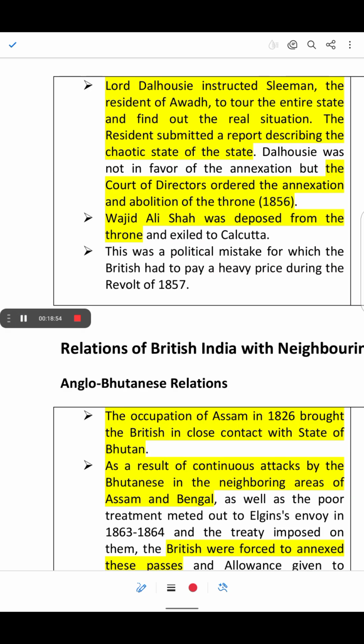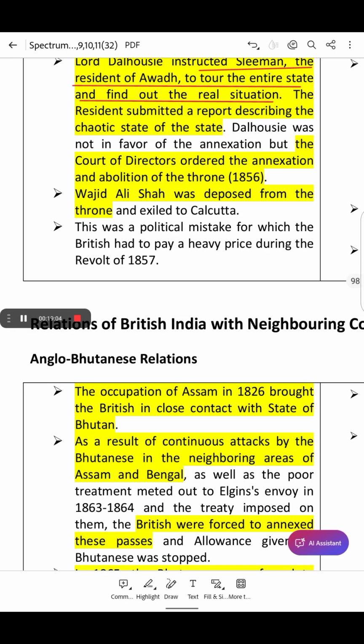Lord Dalhousie instructed Sleeman, the resident of Awadh, to tour the entire state and find out the real situation.